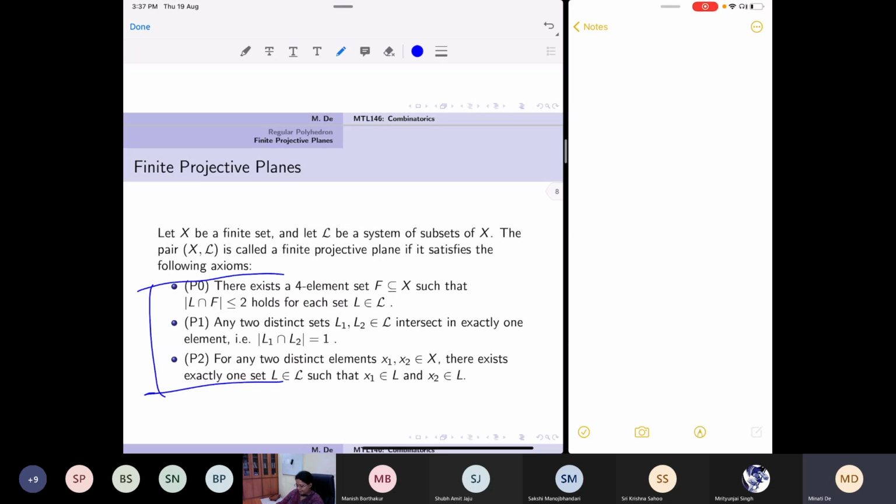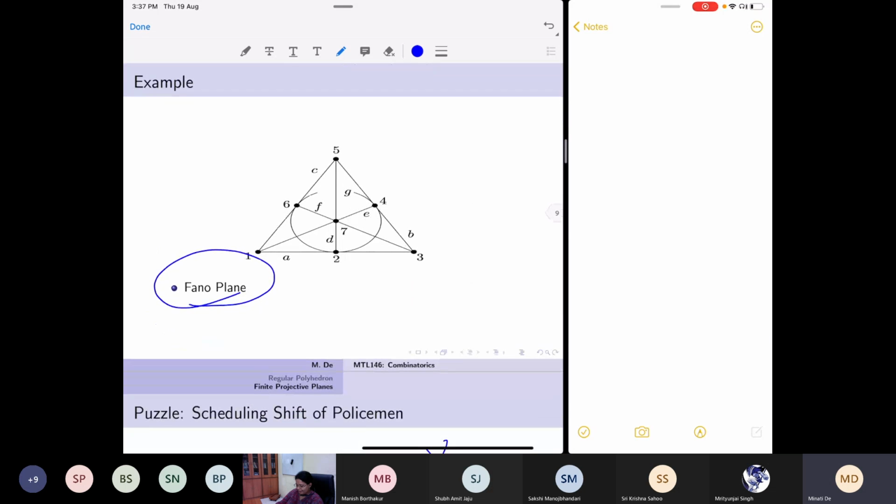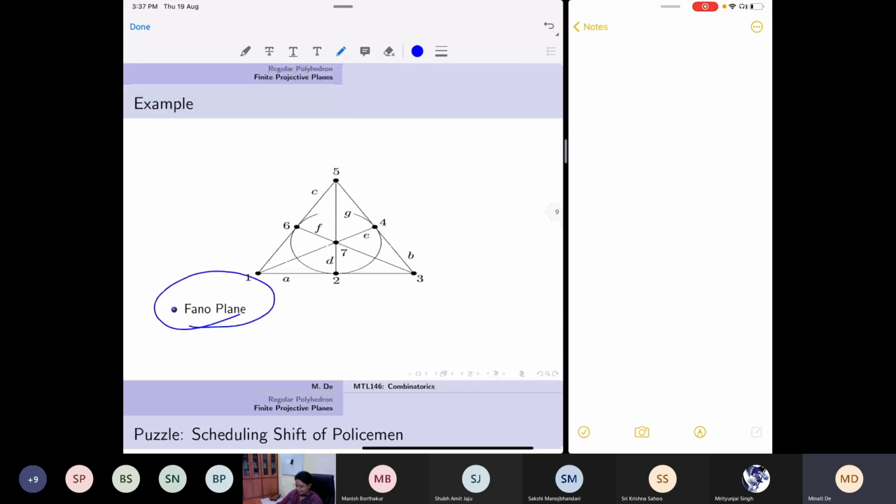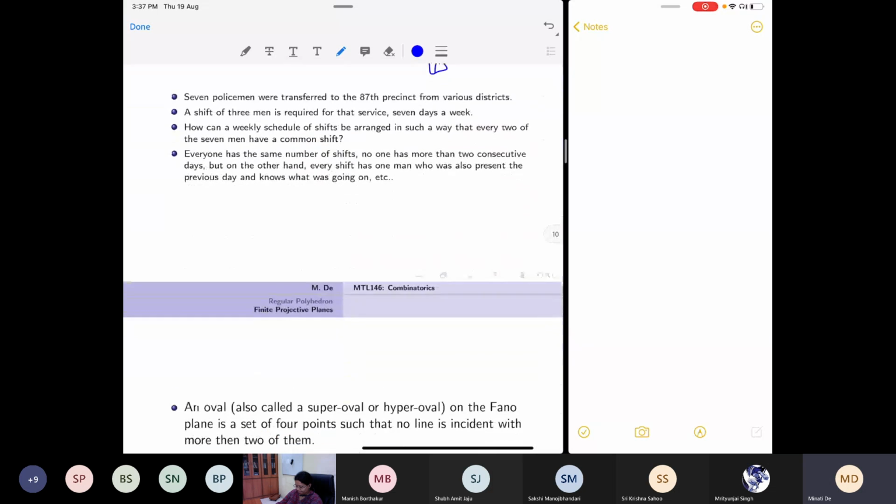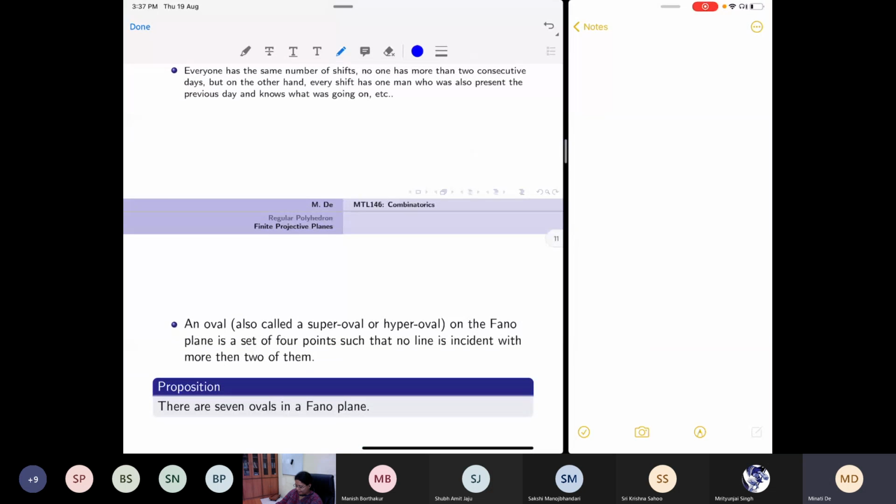Let's start with one good property. First, let us see one definition: oval. So what is an oval?